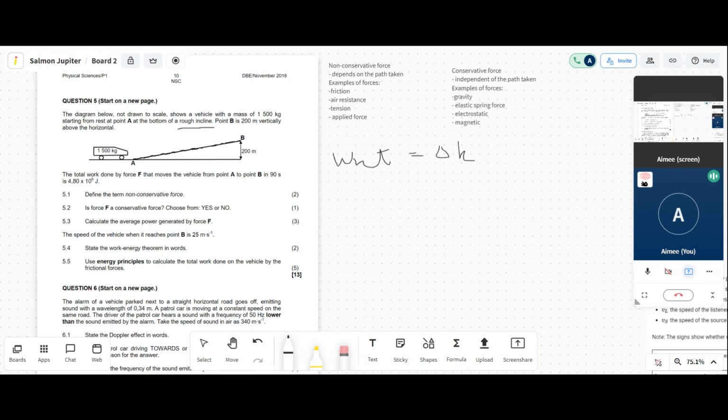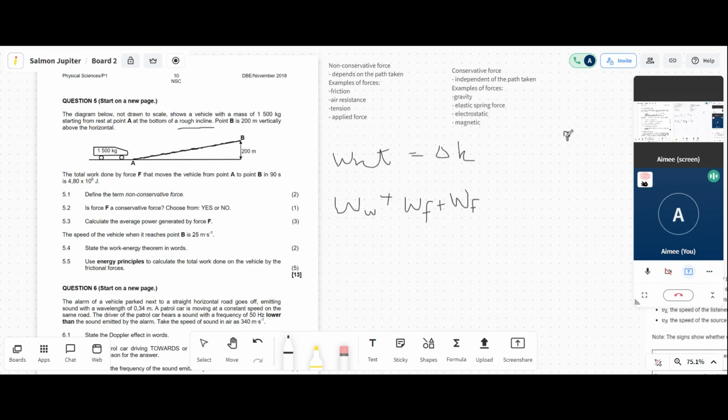So our net work formula now becomes an accumulation of all of the work that's being done on this object. So we're going to change work net into the work done by weight plus the work done by friction plus the work done by our force F. Okay?